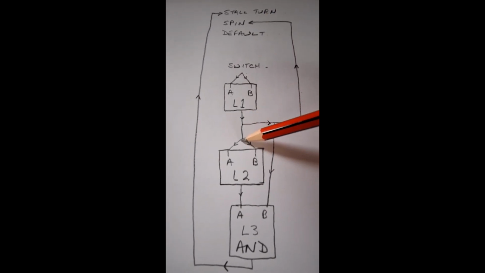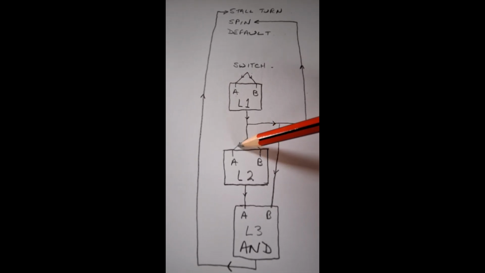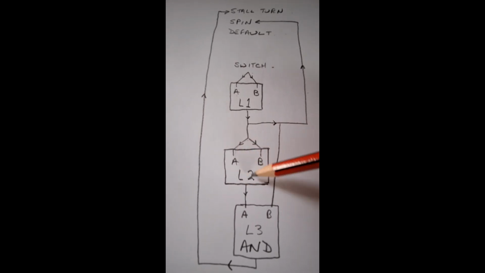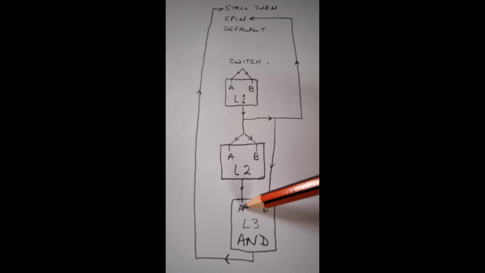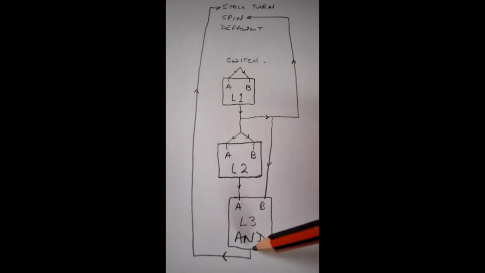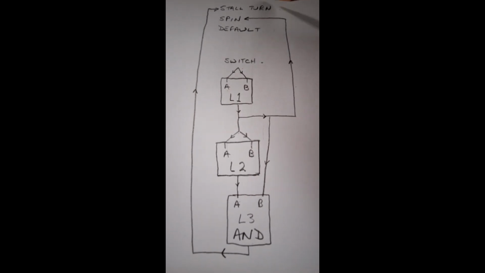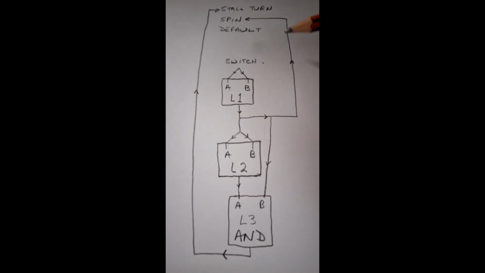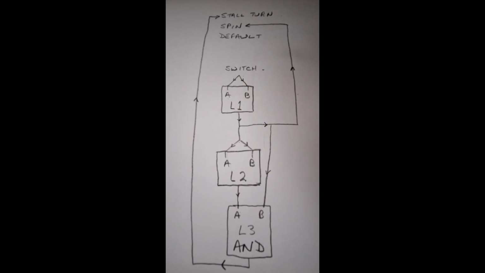But it also provides the 2 A and B inputs for logic switch 2, which starts as off and therefore treats this on signal as the A and switches on logic switch 2's output. That comes down as the first input into the AND switch. The other input from logic switch 1 has also gone on, therefore the AND switch goes on, switching on stall turn mode. So now we've switched on stall turn and spin mode. Stall turn is the higher priority, and therefore that's the mode the transmitter uses.